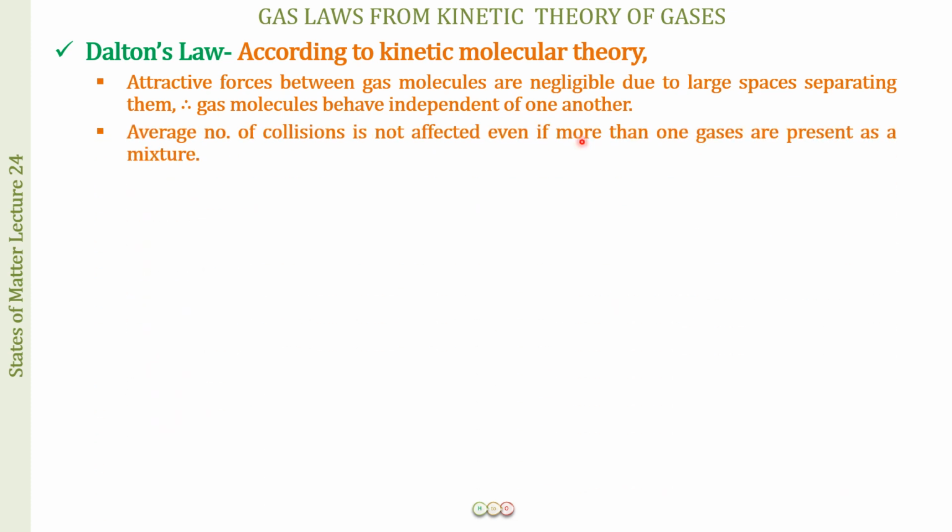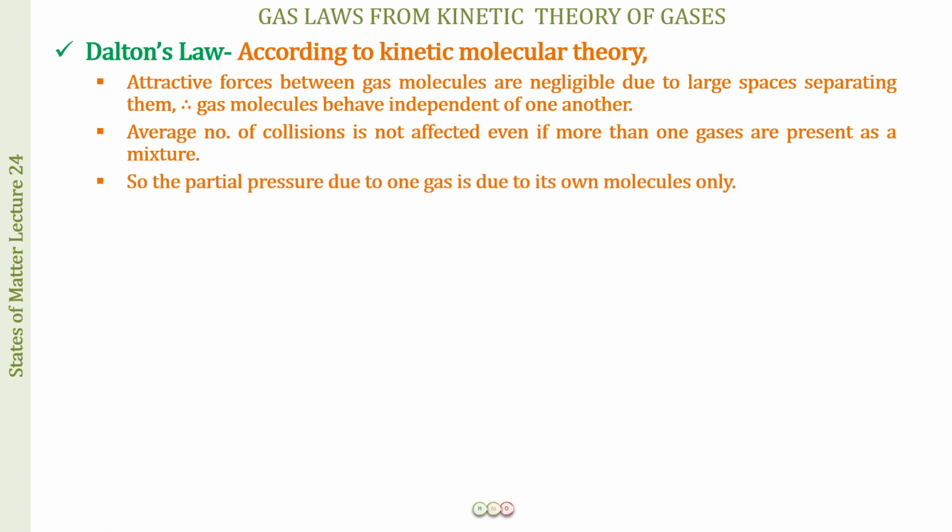So the average number of collisions is not going to be affected even if more than one gas is present as a mixture. Whether one gas is present or more than one gas is present, it is not going to affect any of the gas molecules, right? So the average number of collisions will not be affected if there is a mixture of gases.